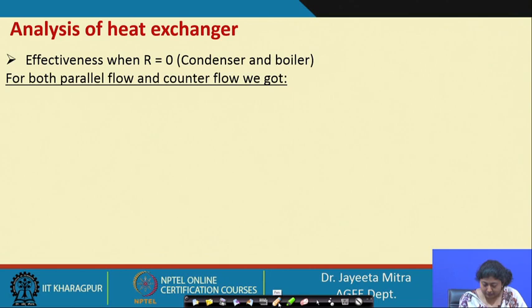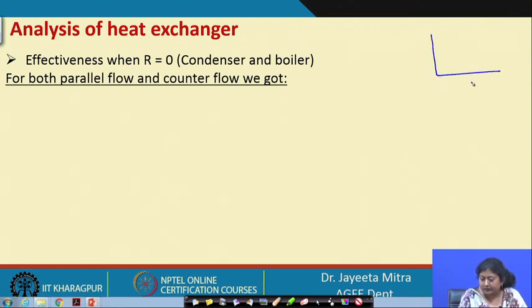So, if you see the temperature profile along the length or along the surface area, you will find that TH will be constant and TC will be varying. So, TH1 and this is TH2 and here it is TC1, TC2.